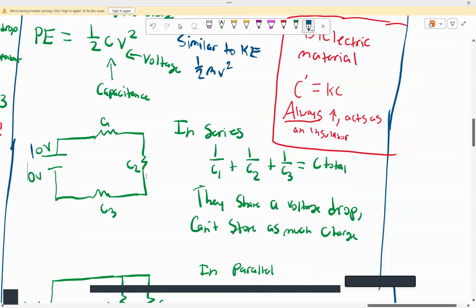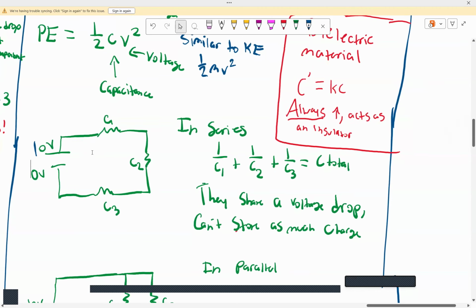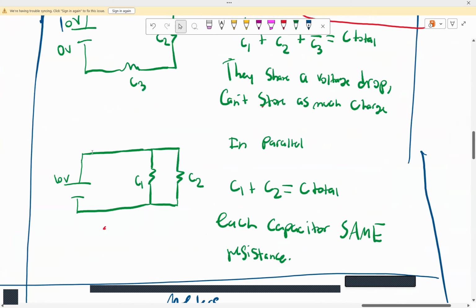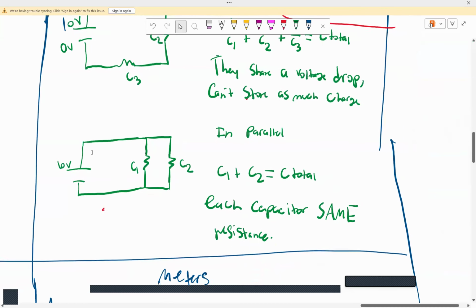They all share a voltage drop when they are in series, so they can't store as much charge, which makes sense. Whereas in parallel, it is very similar to a resistor in series, as C1 plus C2 equals C total, because they do not share a voltage drop.